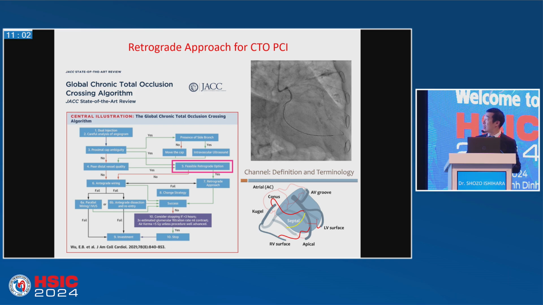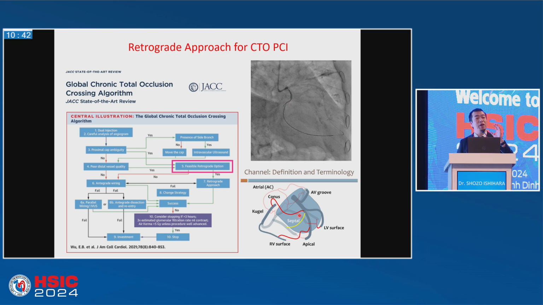We can consider the retrograde approach like this, and this is one case of the retrograde approach: crossing the wire from a collateral channel, and also the reverse CART procedure.